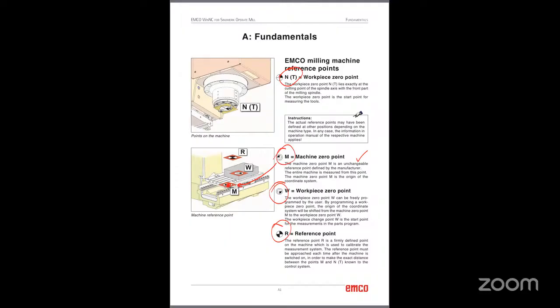That means this point will be 0, 0, 0. We can say this will be the zero origin of this machine. So whatever movements we make in this machine will be from this origin. That is what is called the machine 0 point. The user cannot change this point. So this will be the actual origin of the coordinate system.